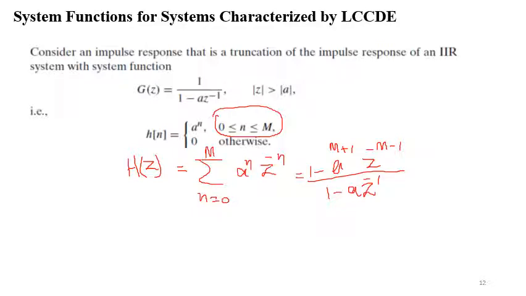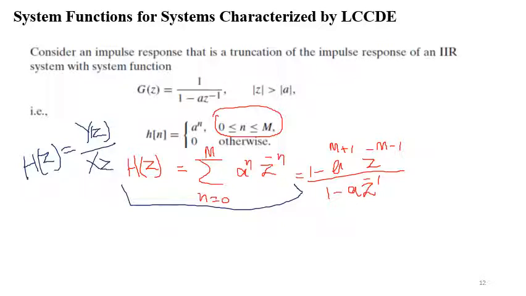So let's express this in terms of a difference equation. So we know H of z basically equals Y of z divided by X of z. So that means we have this equation, and we can express Y of z as equal to H of z times X of z.